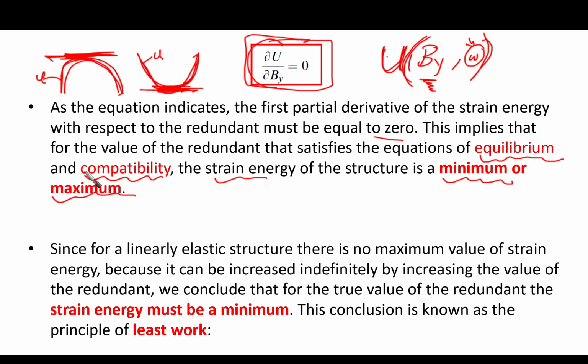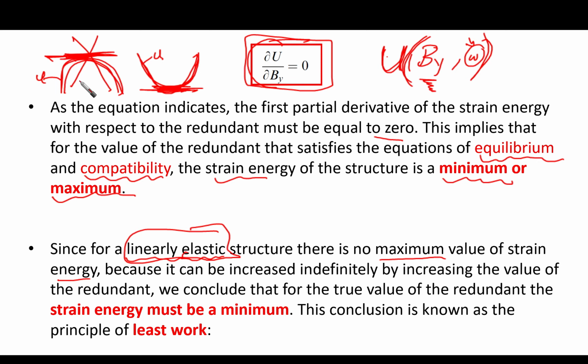Since we are talking about a linearly elastic structure, this is the condition. We are under the linearly elastic case. There is no maximum value of strain energy, because it can be increased indefinitely by increasing the value of the redundant.